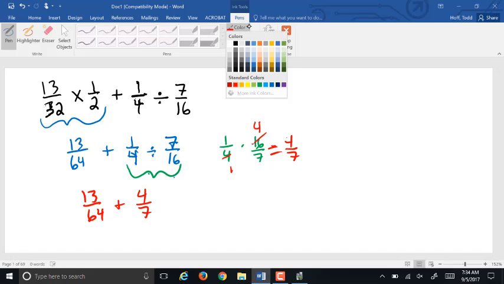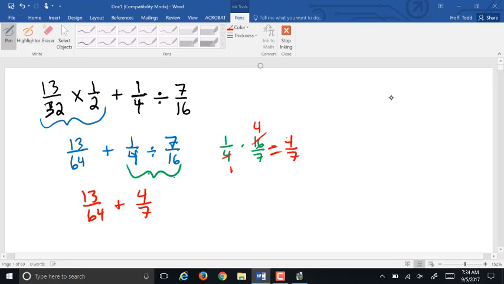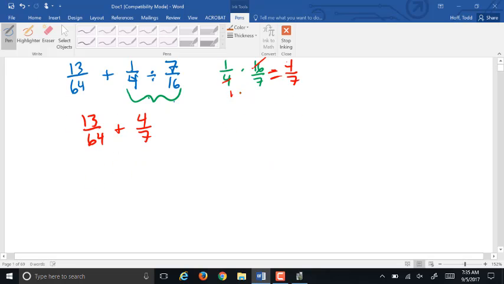Now we need a common denominator. For 64 and 7, our common denominator, I believe, is 448.